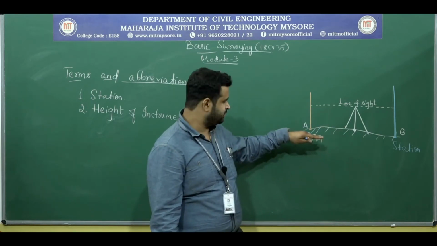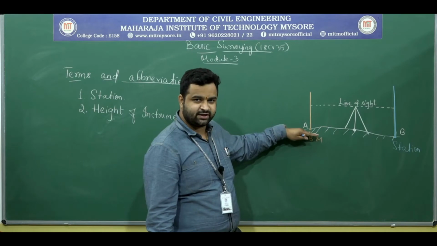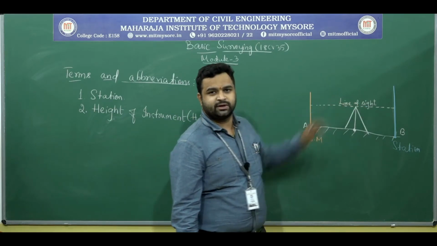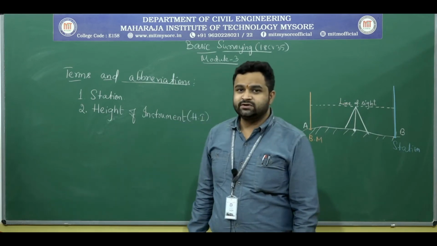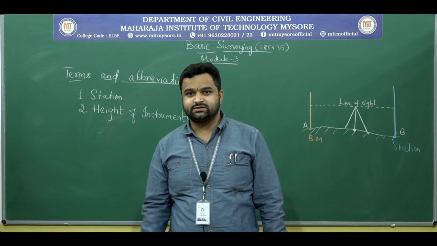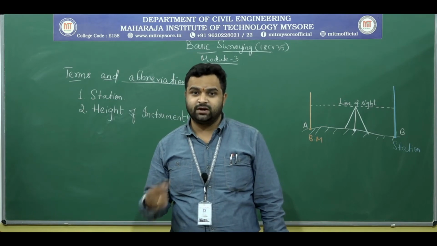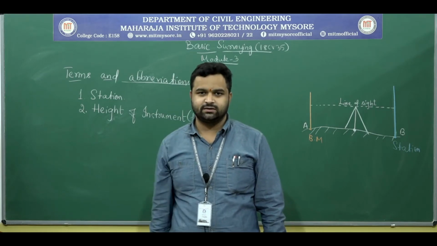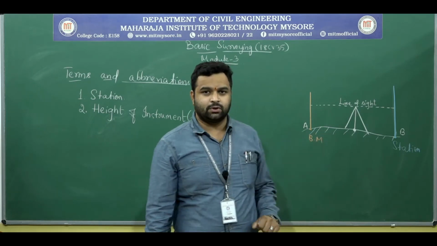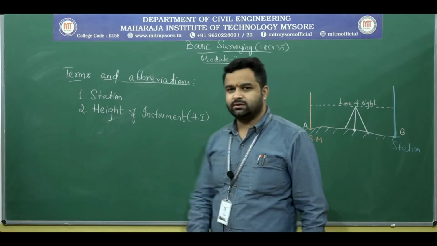So in this case, if you assume this as a datum, this will be the height of the instrument. So height of the instrument is nothing but, for any setup of the level, the elevation of the plane of sight or the line of sight with respect to the assumed datum. So this is height of instrument.